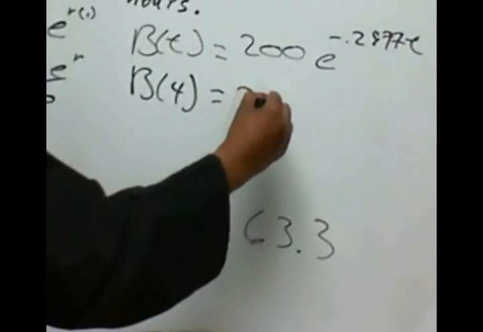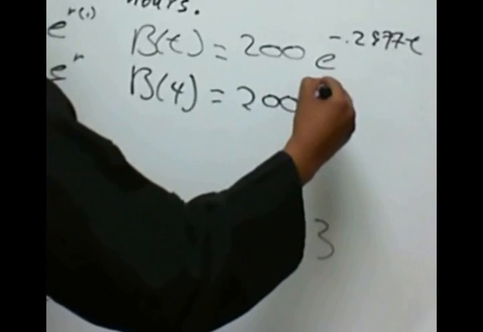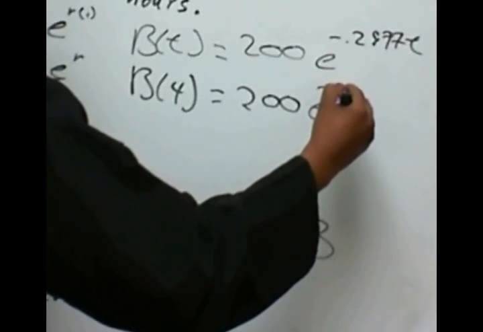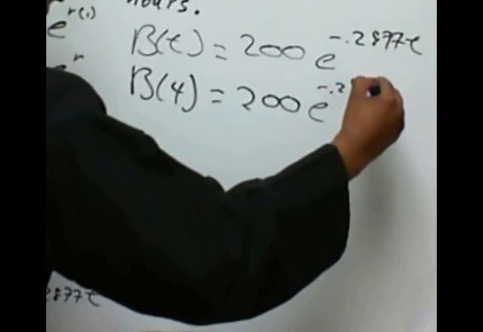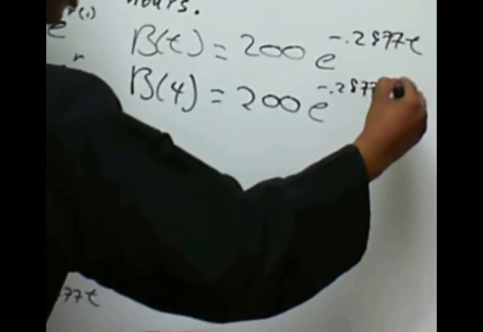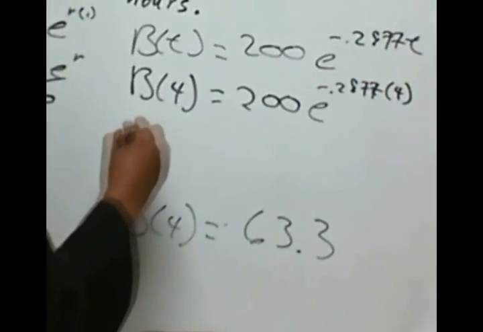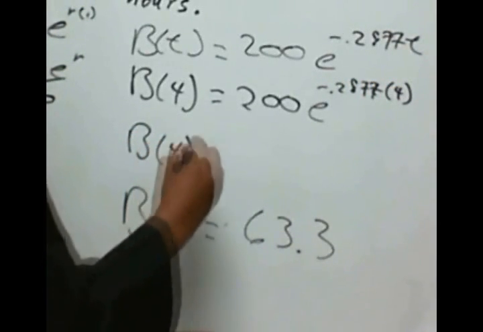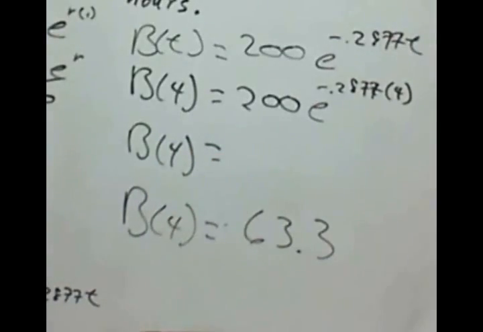So 4 hours inside this equation will give us negative 0.2877 times 4. Okay, I'll have to multiply all this by 4.